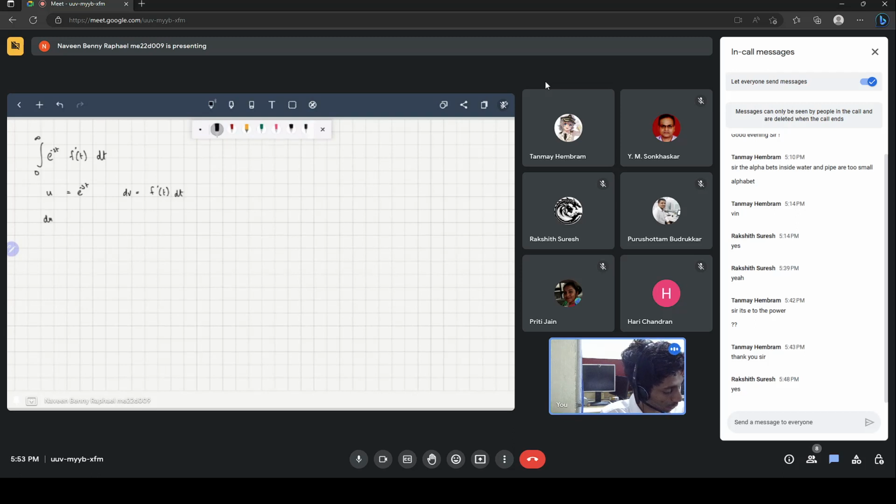That means du is equal to e to the power minus st times minus s dt, and v is f of t. The product rule gives us uv, f of t into e to the power minus st evaluated from 0 to infinity, minus the integral of v du, which is f of t multiplied by minus s e to the power minus st dt.